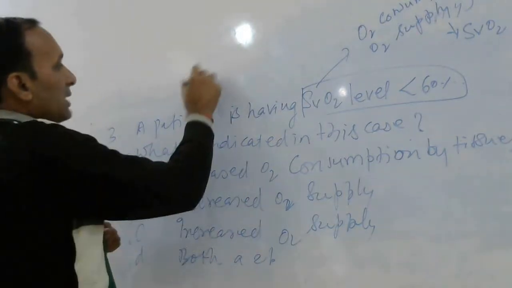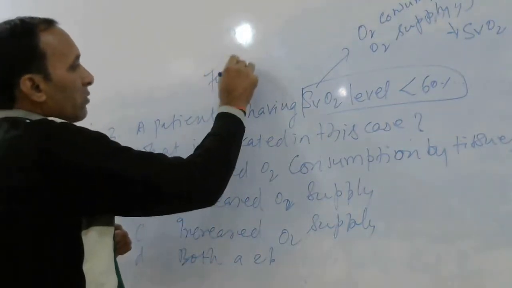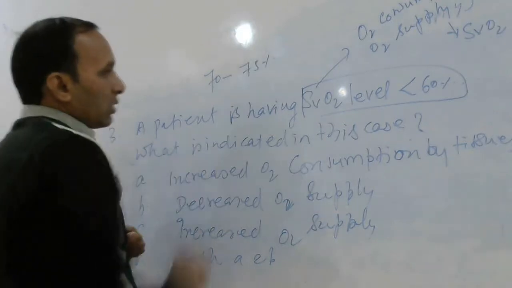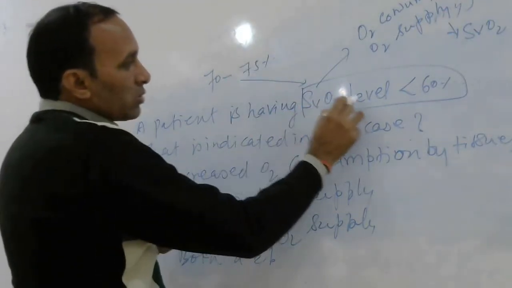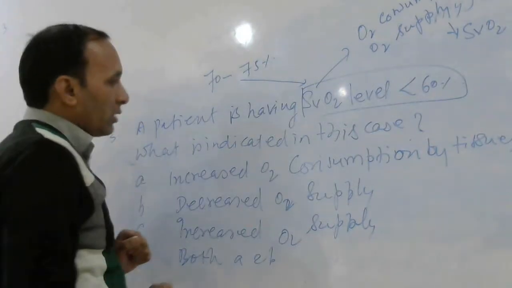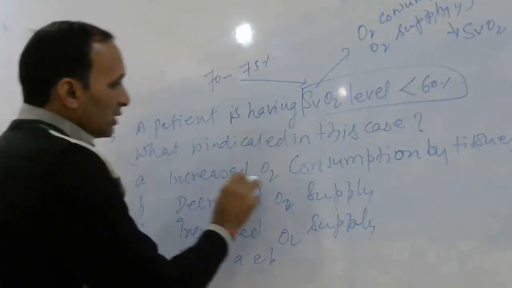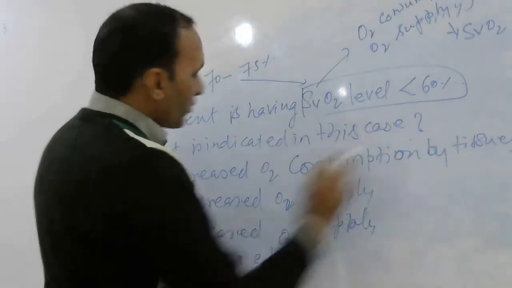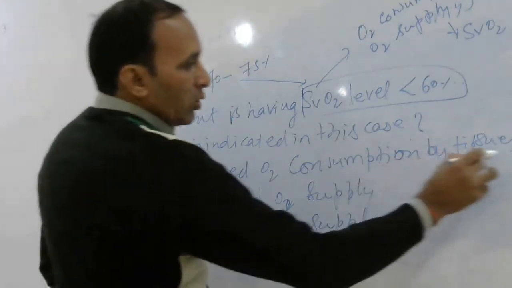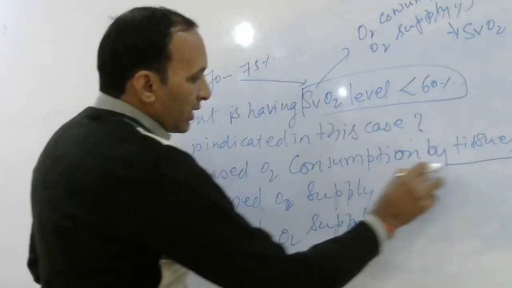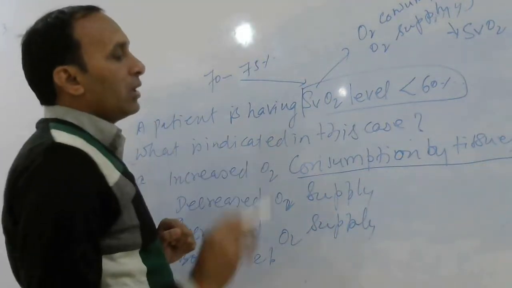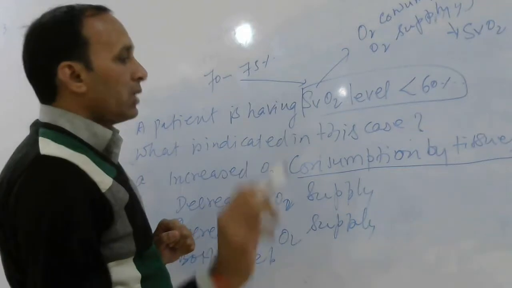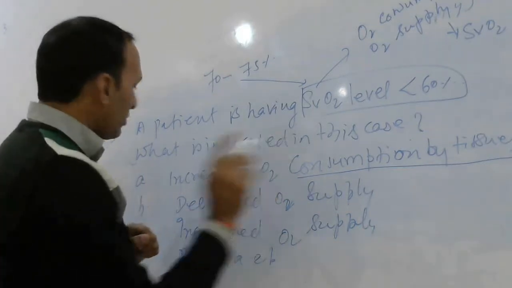So normal SpO2 level is between 70 to 75%. So in case of the patient report, SpO2 level is less than 60%. So what they are saying, increased oxygen consumption by tissues in the first option. So if the patient's body tissues are consuming more oxygen, in that case, in the venous blood, oxygen level will be less. So this can be true.